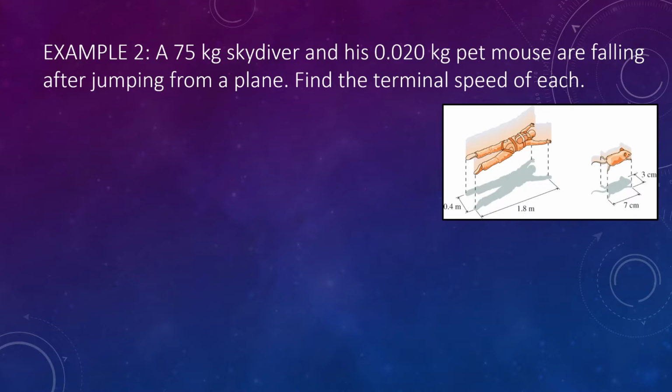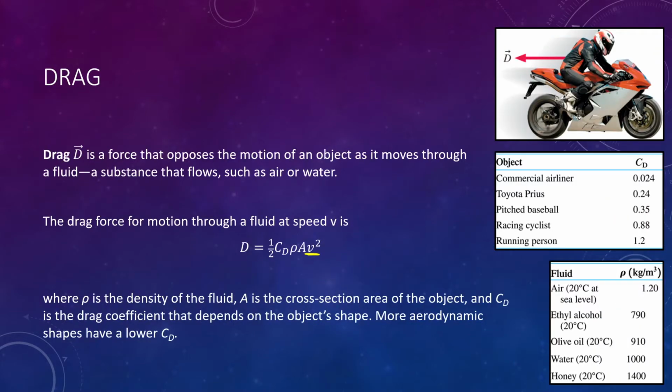Now notice that we are given the dimensions of the objects in the image on the right, so that's going to help us calculate our area. But we do have to be careful about what our rho value is and what our C_D value is. Keep in mind, 2 slides ago, that a running person has a C_D value of 1.2.